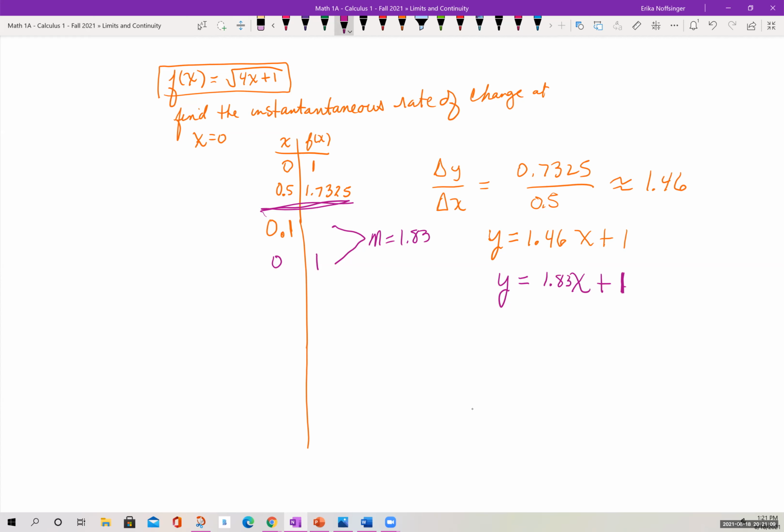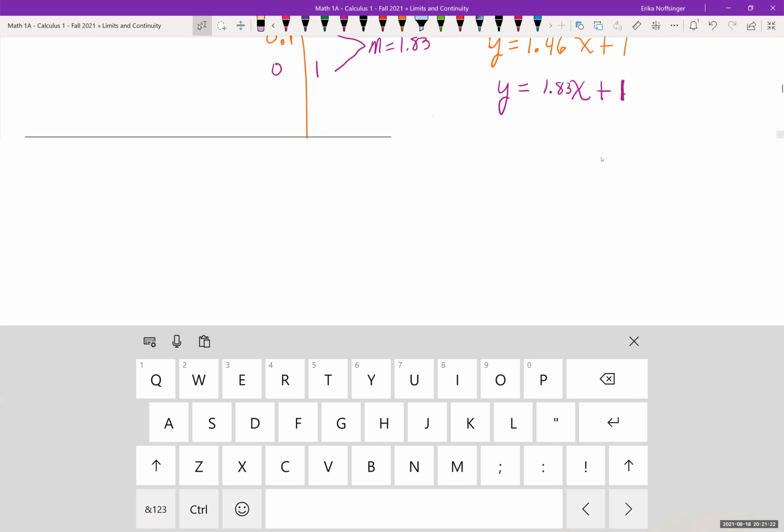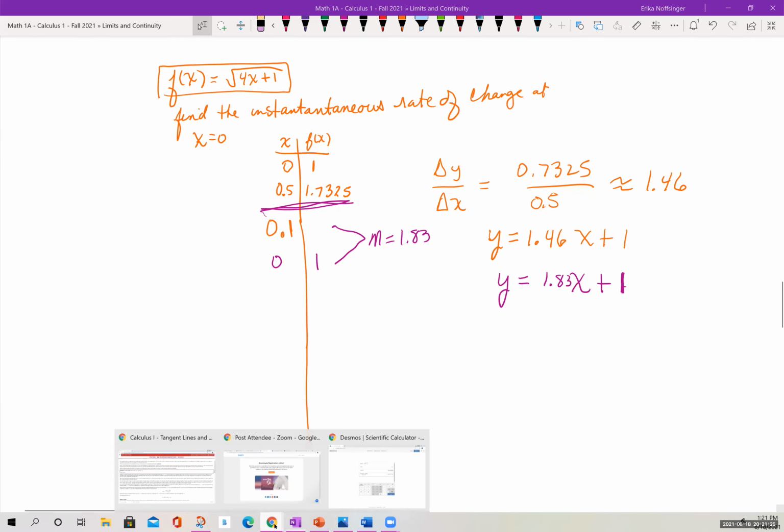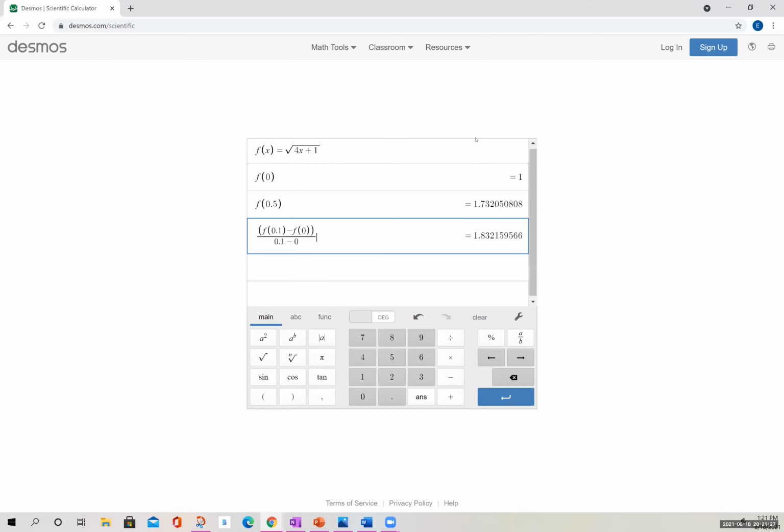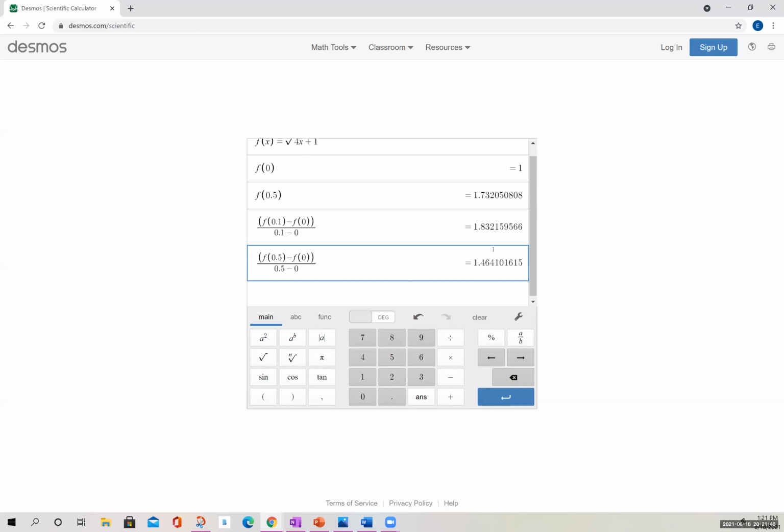Did I make a mistake here? On 1.46, I thought I just said the other one was... Let me go back. No, no. So the other one, remember, I'm just going to copy and paste. 1.46 was the slope.